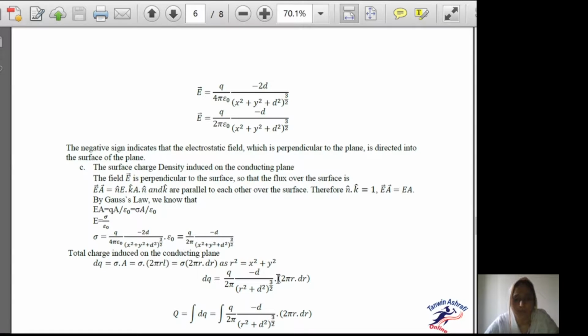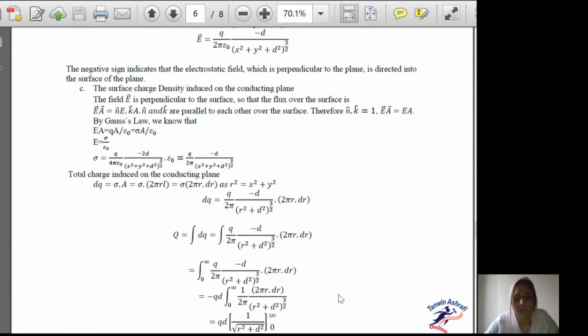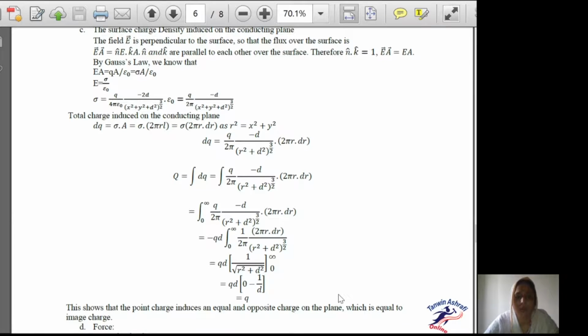We will substitute that sigma equation with 2 pi R dR. When we do the mathematical calculation, 2 pi gets cancelled, and minus Qd comes outside.